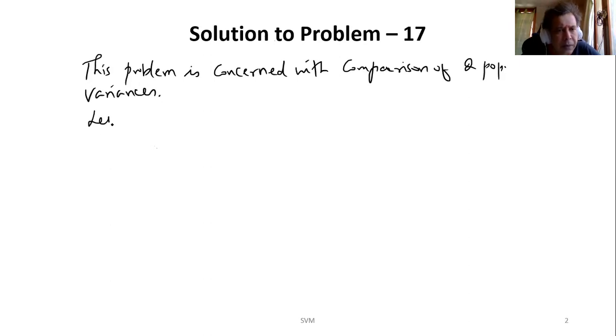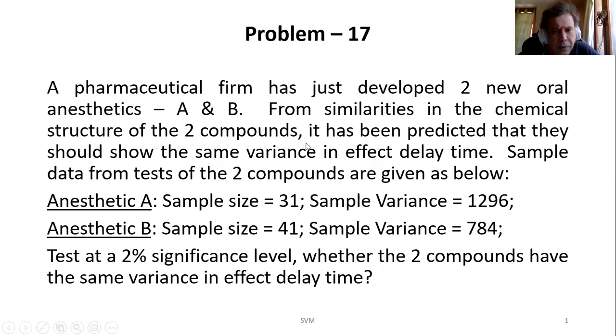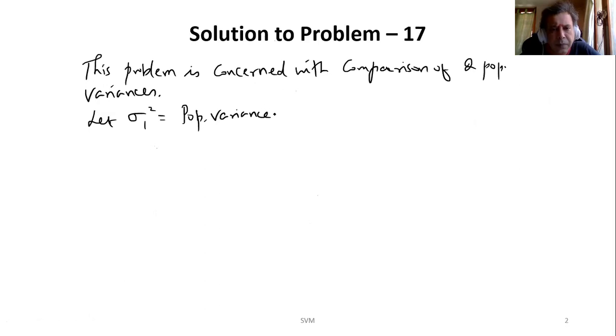Let us say sigma 1 square is the population variance of anesthetic A, and sigma 2 square is the population variance of anesthetic B.